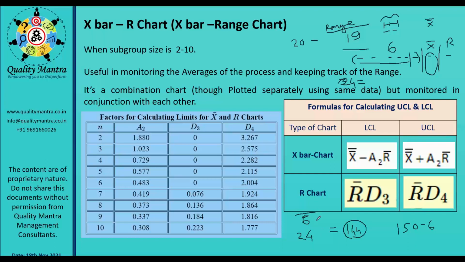6 data are representative of that particular hour. So instead of plotting these 144 data, how much data will you plot on the control chart if you are using the X bar R chart? 24.